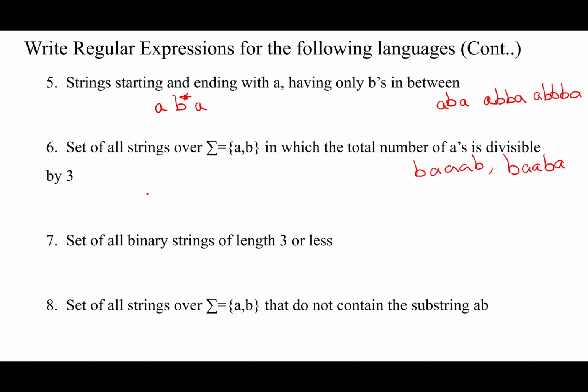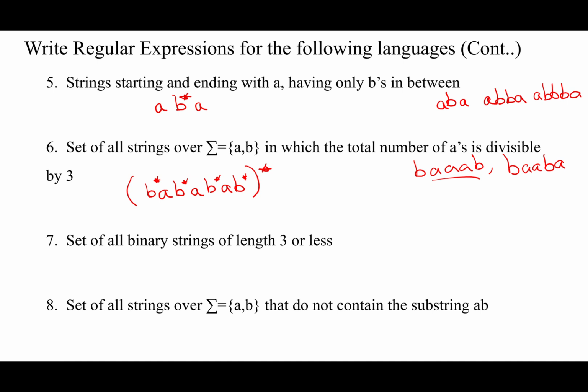We can write like this: there should be three A's. So then in all the places we can give B star: B star, A, B star, A, B star, A, B star. If you need 6 A's, we can use the Kleene closure here on this whole expression.